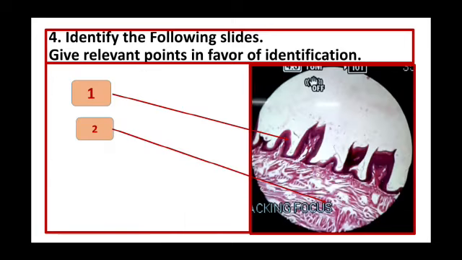So coming to slide number 4, so try to identify this slide, what has been pointed, and give points in favor of its identification.